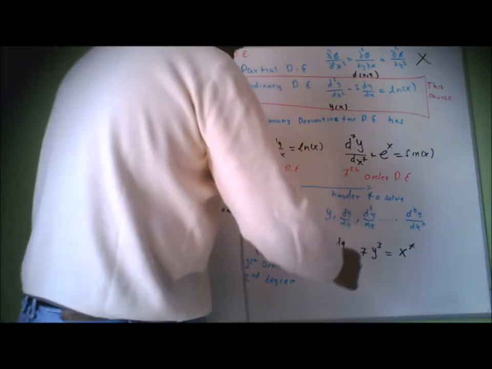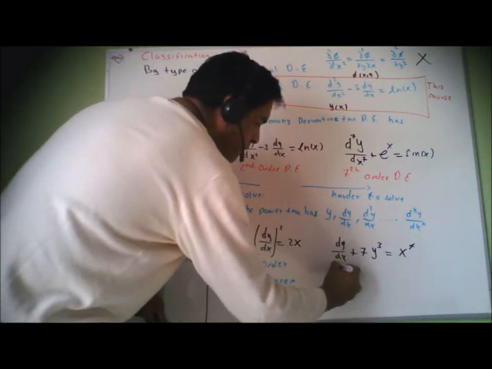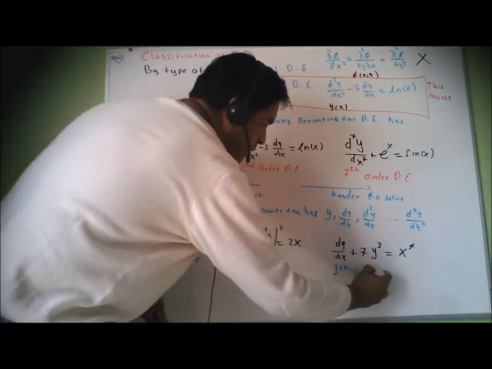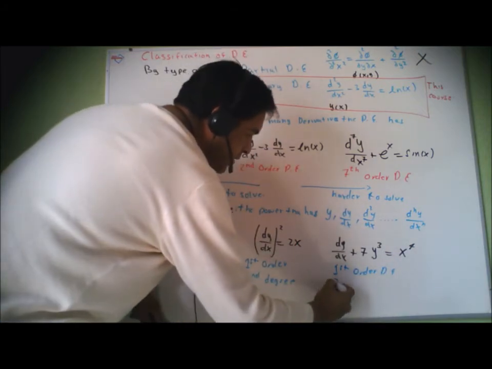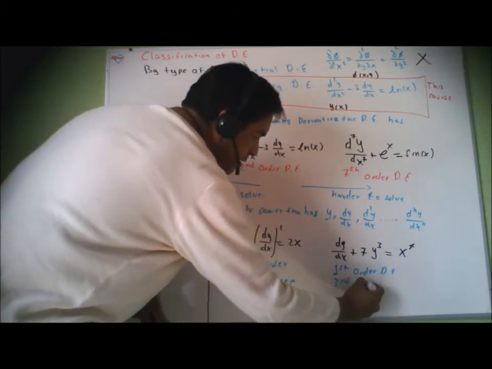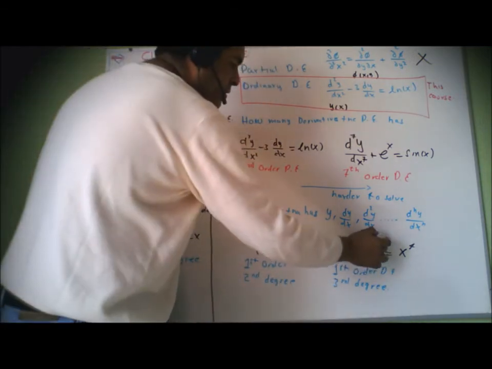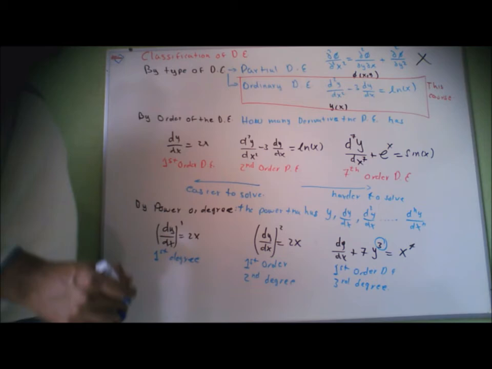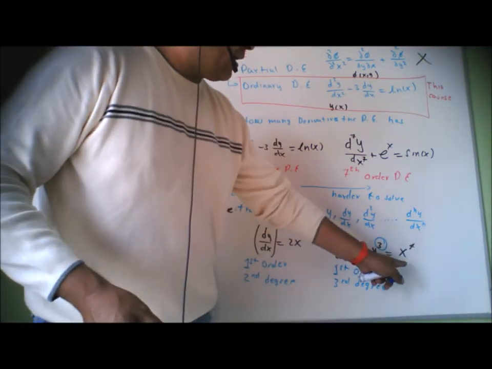Now this one is first order, one derivative, but it is also third degree. The reason for the third degree is this number 3. You may think it is fourth degree. No, because this 4 is applied to the x.